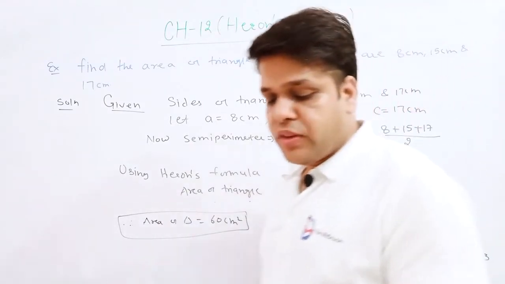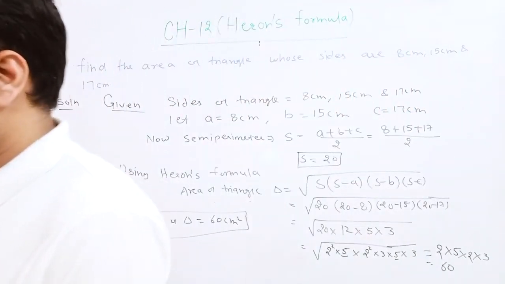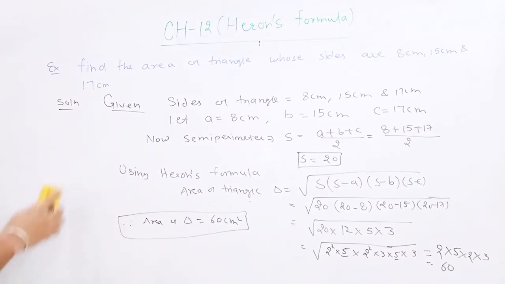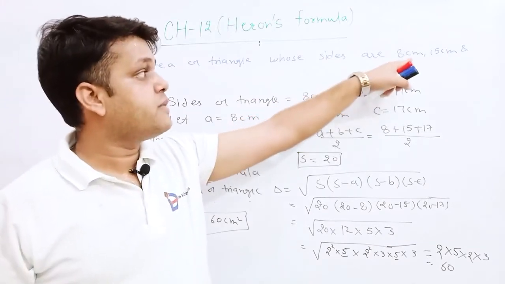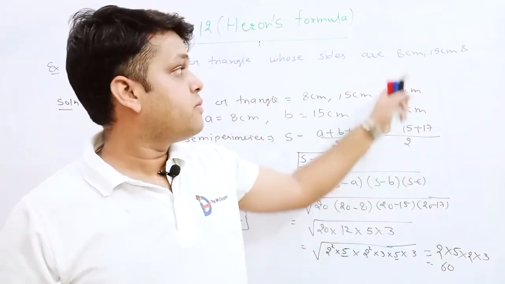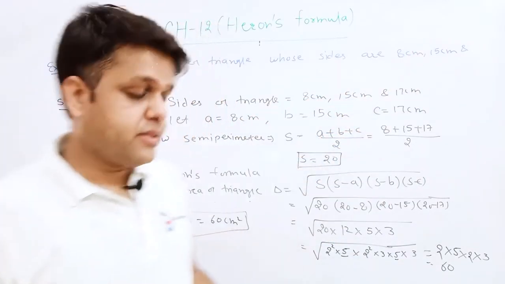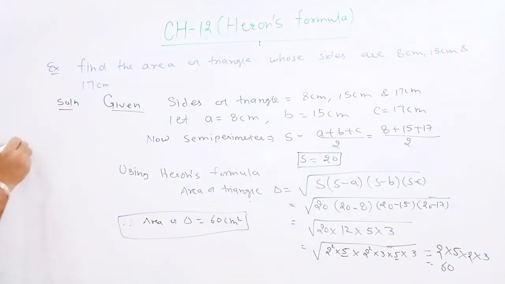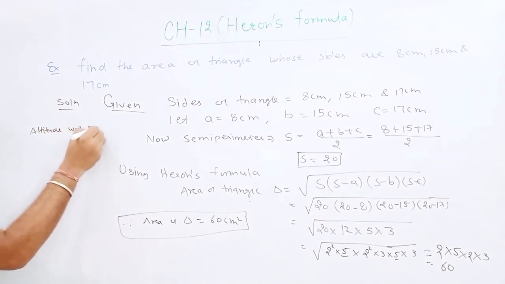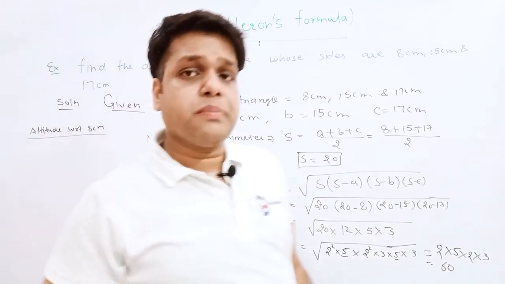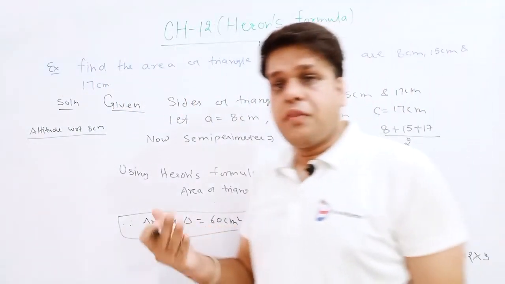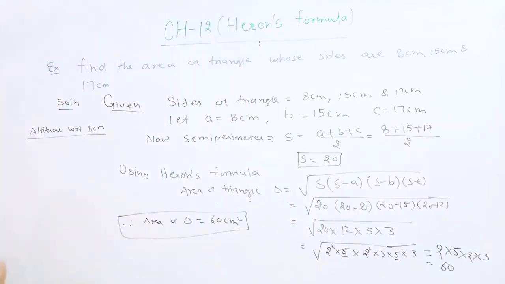Now we are moving towards some note. Further moving towards the note, if you want the altitude with respect to 8 centimeter side, then you simply use area of the triangle, which is half base into height.